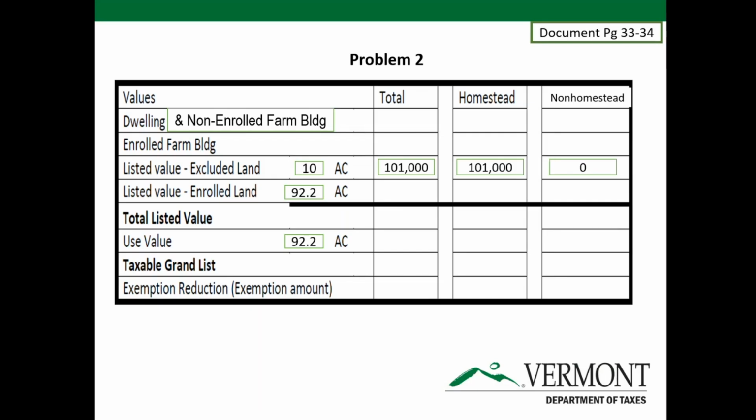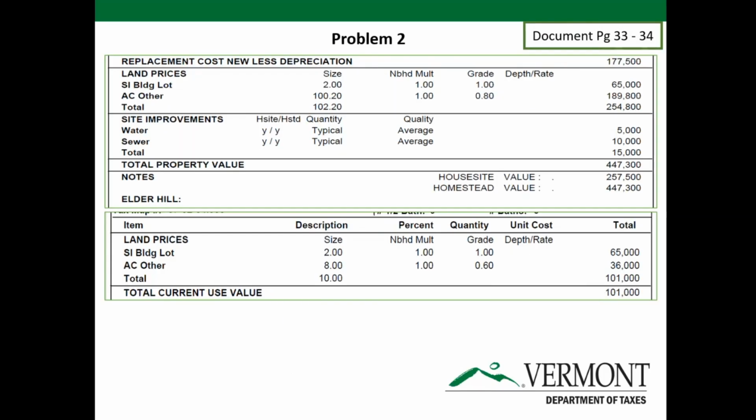So therefore all my land is in homestead. I can then put a 0 or just cross out the box for non-homestead there. I'm going to stop right there and make sure everybody's with me. Not seeing any questions. Okay, if you feel like I'm going too fast, tell me.